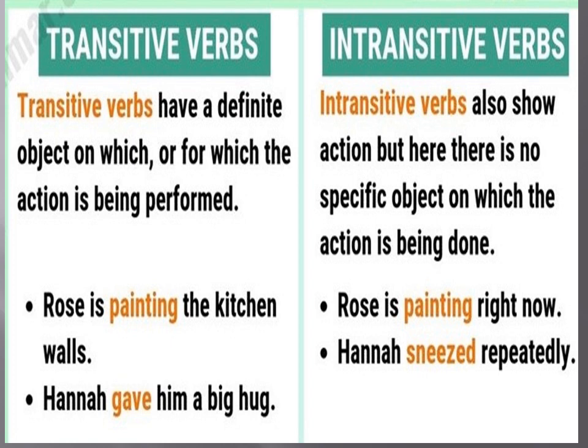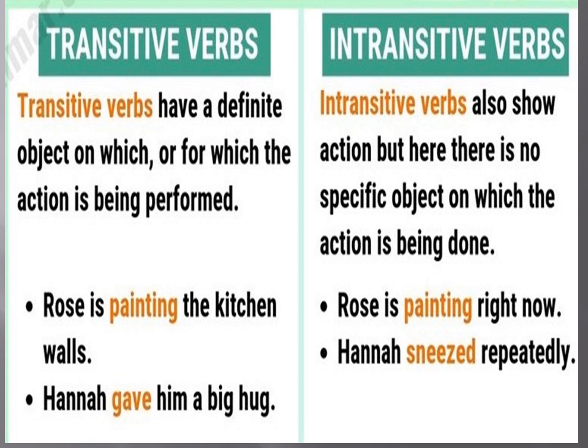Now, intransitive verbs do not need an object to complete their meaning, which means that they do not need a noun or a pronoun to complete the sentence or the meaning. Look at this example. Rose is painting right now. Earlier we saw a transitive verb, where she was painting the kitchen walls.